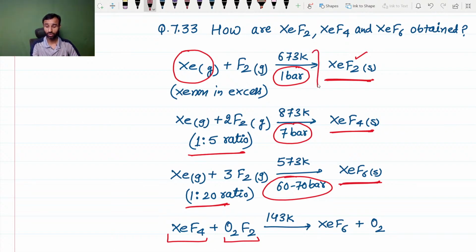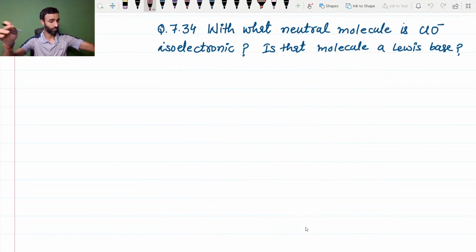So please remember these conditions: 673, 873, 573 Kelvin, 1 bar pressure, 7 bar pressure, 60 to 70 bar pressure. Just remember these things in mind. Xenon in excess, 1:5 ratio, 1:20 ratio, right? If you find any doubt, please do ask anytime, okay?